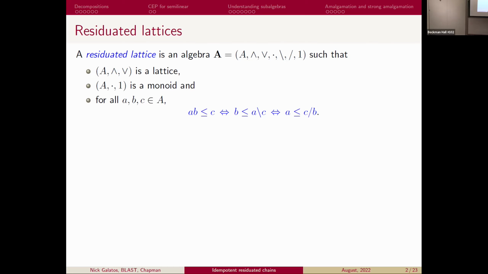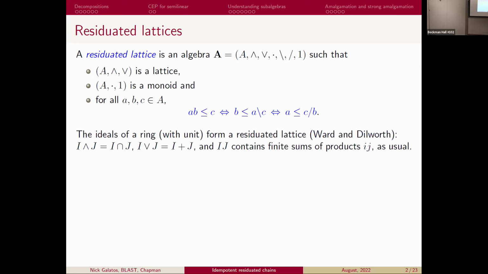So let's see if you've seen these structures before or not. The name residuated lattice first appeared in the 1930s by Ward and Dilworth. They were trying to do point-free ring theory, namely just do as much ring theory as you can without looking at the elements, but looking at the ideals only. So the ideals of a ring do form a lattice.